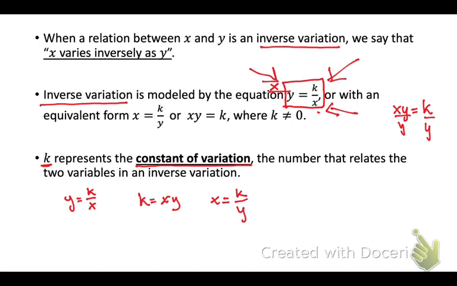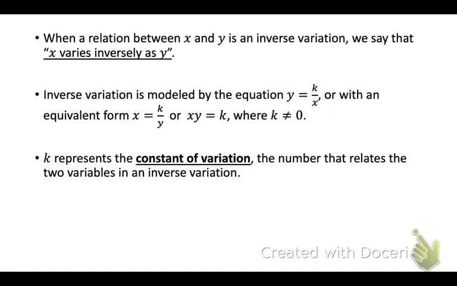Okay. So from this inverse variation, can I find all three variables? Yes. If I say that x and y are inversely related and the constant of variation is 6 and y is 4, can you find x? Yes. Is it always going to be a whole number? No. Your life is no longer whole numbers if you haven't figured this out by now.